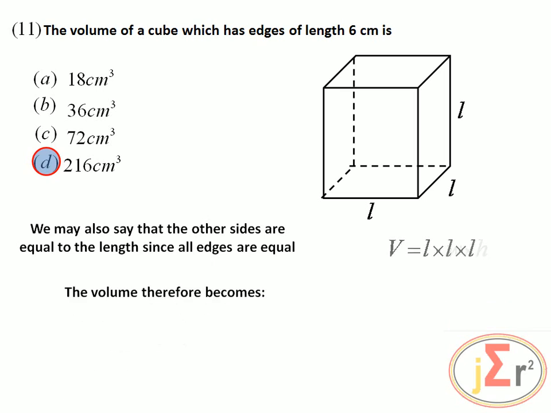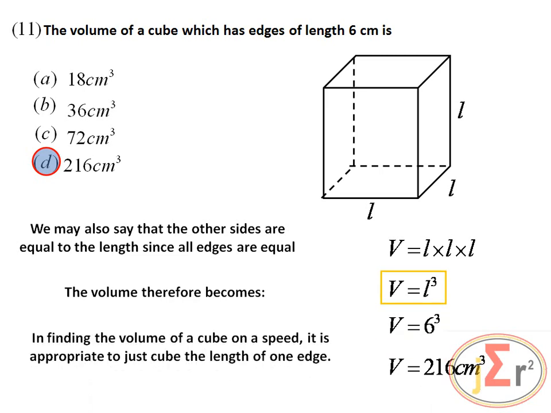Volume will become V is equal to L multiplied by L multiplied by L, which is L cubed. So all we need to do is cube 6. Find the cube of 6. 216. So that will be 216 centimeters cubed.